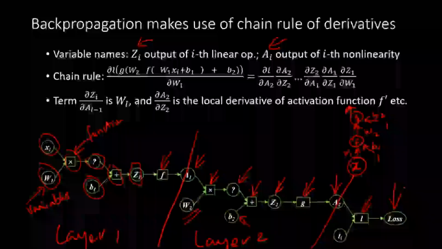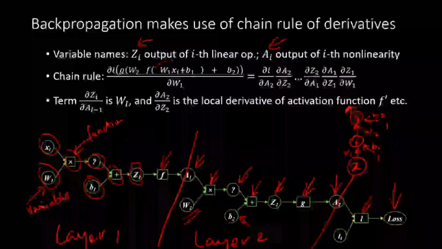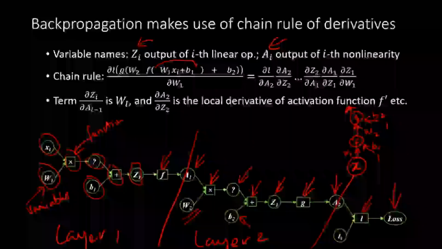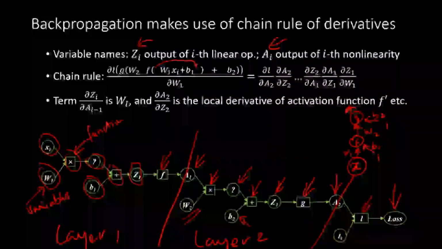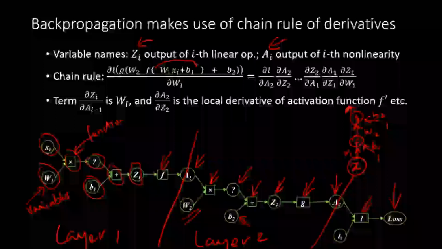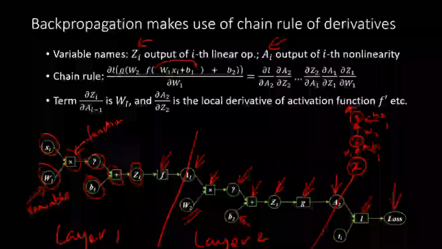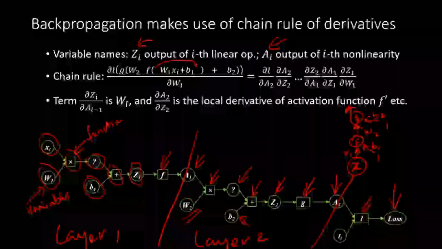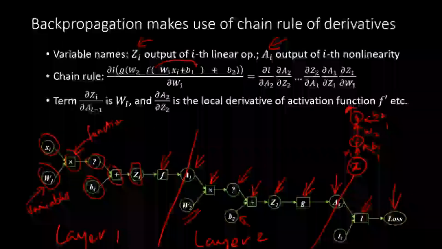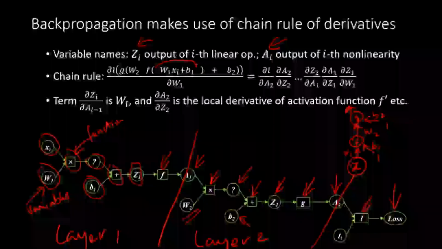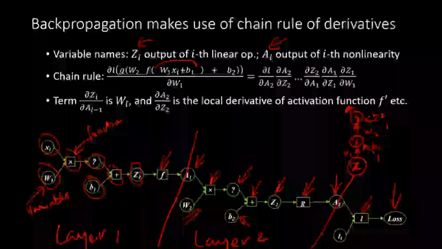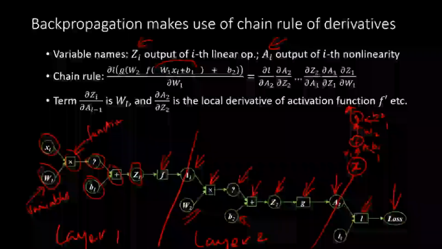So in this chain rule, this is the linear operation of the first layer, which gives you Z1. So this thing that I have highlighted with the red bracket, that is Z1. Once we get Z1, we give that as an input to F, and what we get out of that is A1.